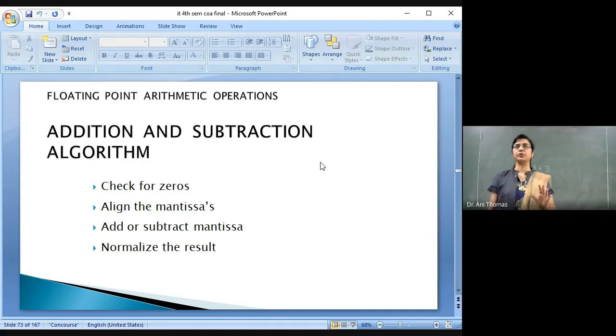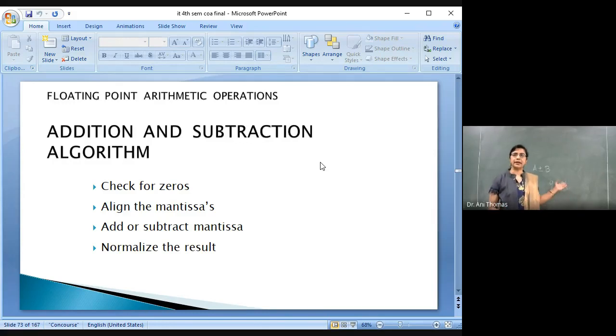We know we have been doing addition and subtraction for floating point numbers, and whenever we have two numbers which do not have the same exponent, for example 0.6 into 10 to the power 3, and suppose we have to add 0.2 into 10 to the power 5, then we have to bring this exponent to a common value, and then only we can add or subtract the mantissas. So bringing these exponents to a common value is called aligning the mantissas.